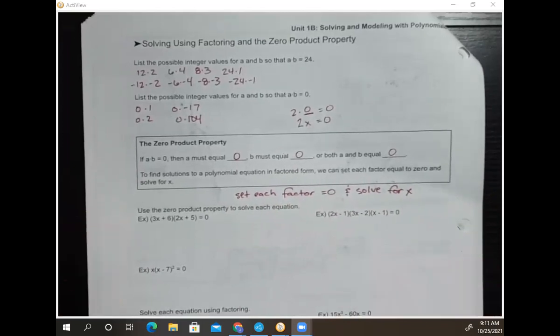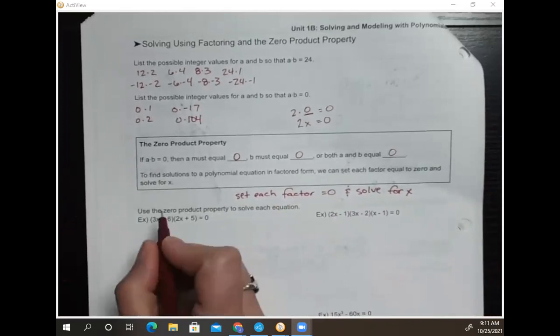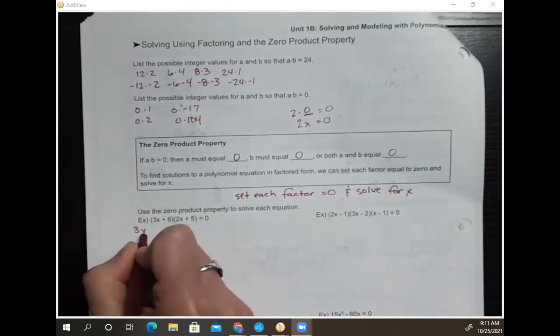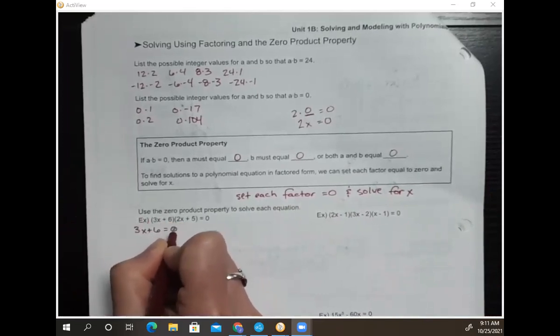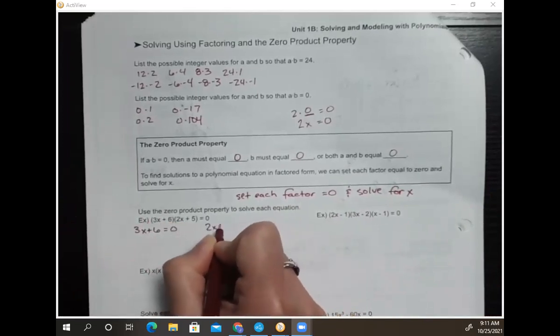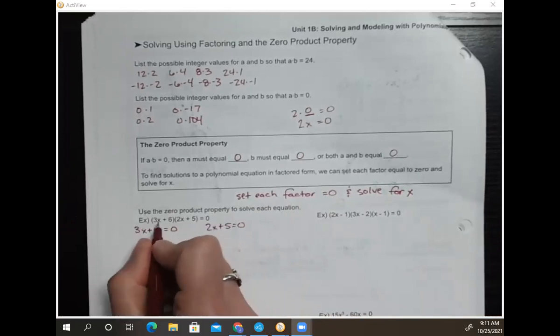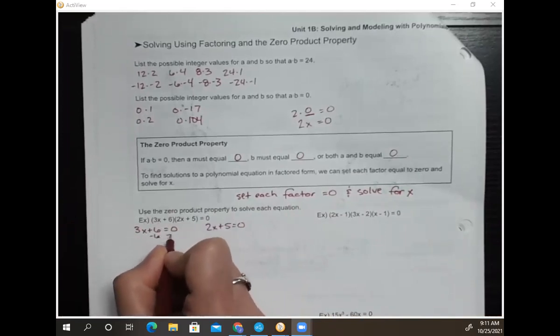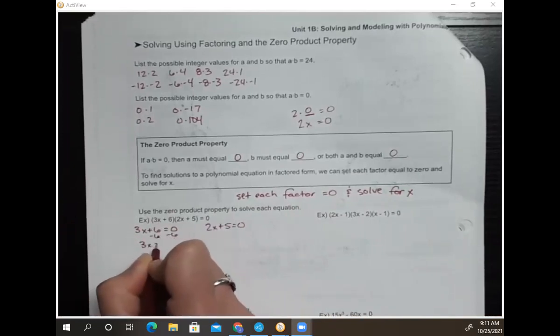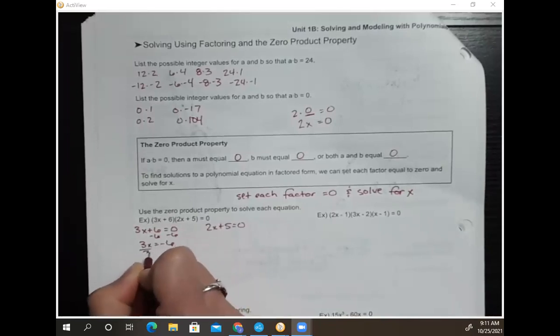And again, for this top section, we're already in factored form, so the hard work is done for us. So I'm just going to take each factor and set it equal to 0. So 3x plus 6 equals 0, and 2x plus 5 equals 0. And then we'll solve for x. If I solve for x in this first factor, I'm going to move that 6 to the other side, then divide both sides by 3, and I get x to be negative 2.